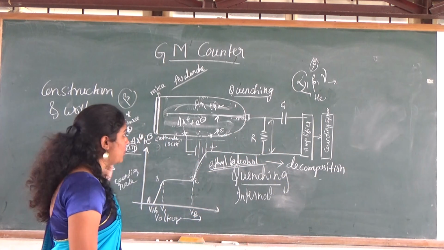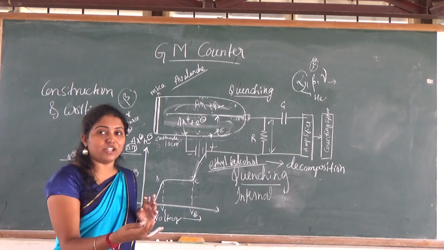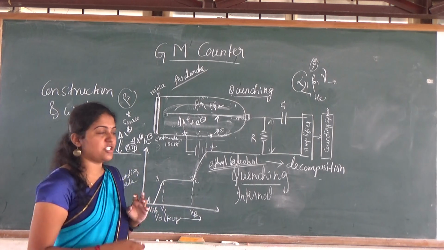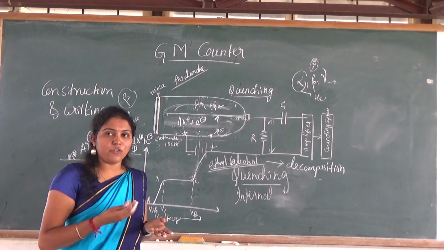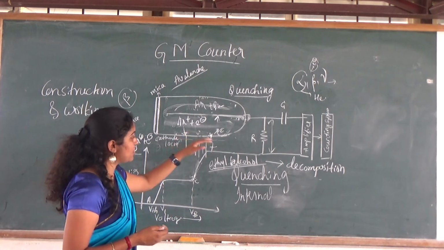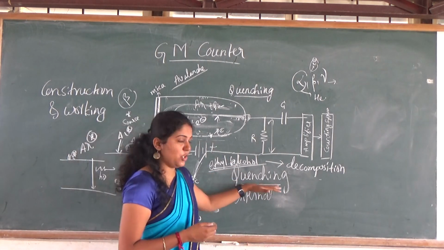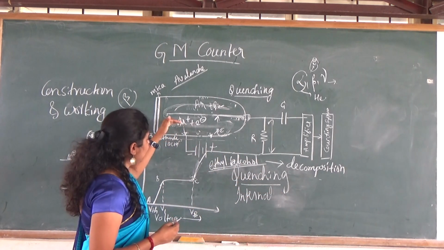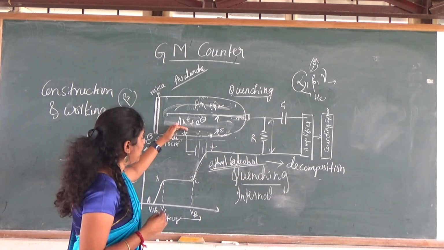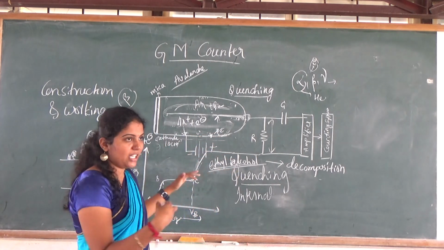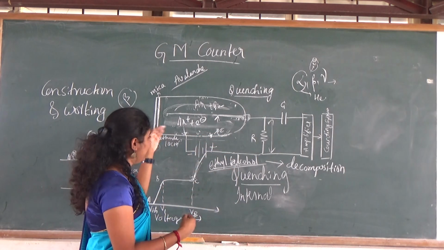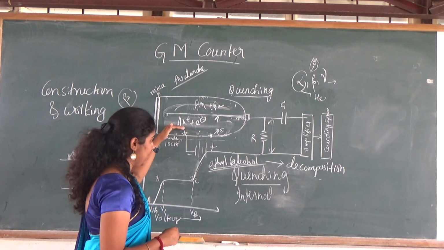In the case of argon, what will happen? There is an emission of a photon in the range of UV radiation, so there is a photoelectric effect and an emission of a photoelectron. But if we use this quenching agent, what happens? When the argon ion gets neutralized, the ethyl alcohol will give that electron, and by hitting the ethyl alcohol, the argon ion gets neutralized.